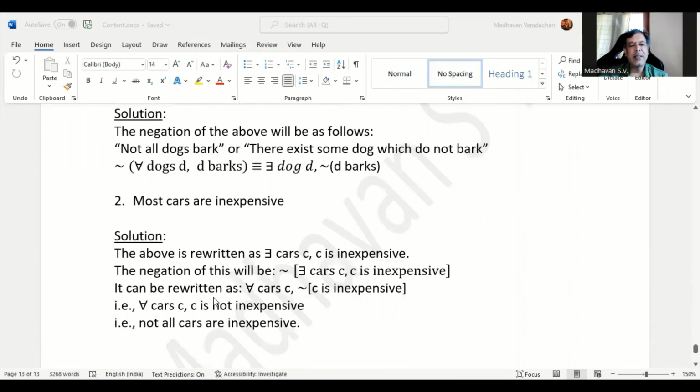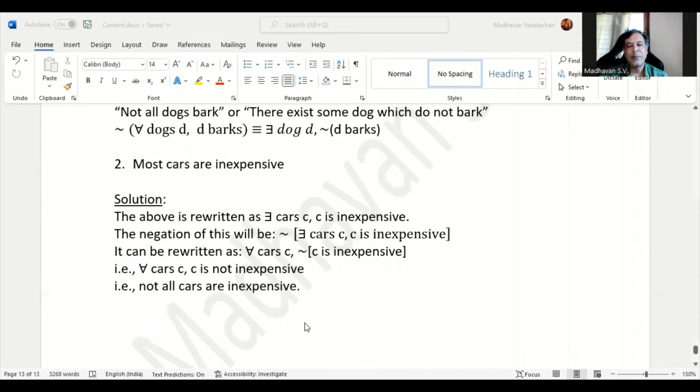It can be rewritten as for all cars C, not of C is inexpensive, or that is, for all cars C, C is not inexpensive, or we can simply write it as not all cars are inexpensive. So that is the end of predicates and quantifiers.